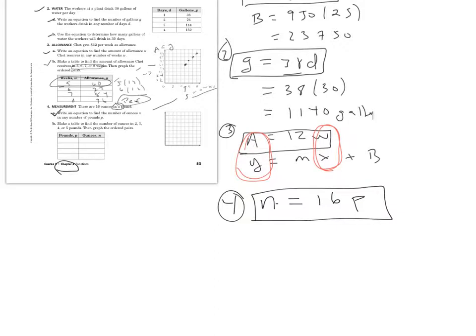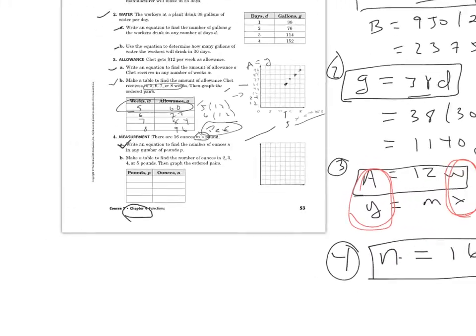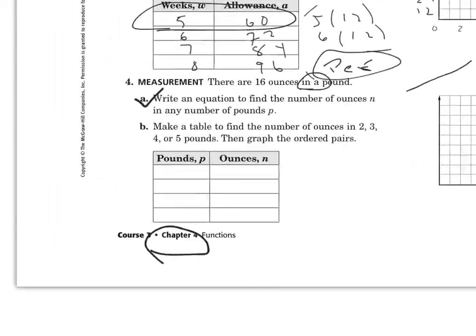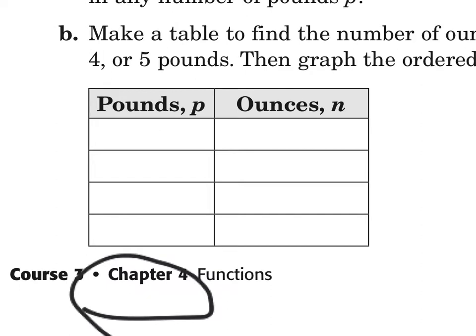And then we want to answer part B, which is to fill in the table for 2, 3, 4, and 5 pounds. Each time we do 2 pounds times 16 ounces per pound, which is 32 ounces. So there are 32 ounces in 2 pounds.